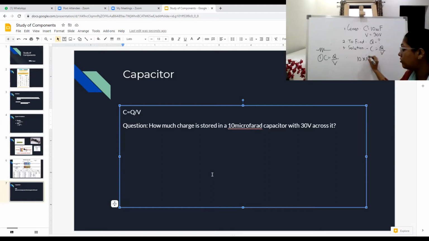How much is micro? 10 raised to minus 6. Okay, is equal to Q upon 30. It's easy. Just cross multiply. Yes. Fair enough. You get Q is equal to, I'm just going to multiply 30 into 10.